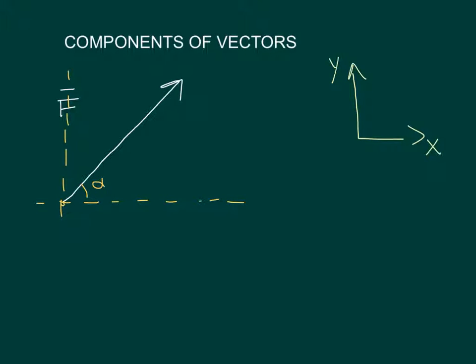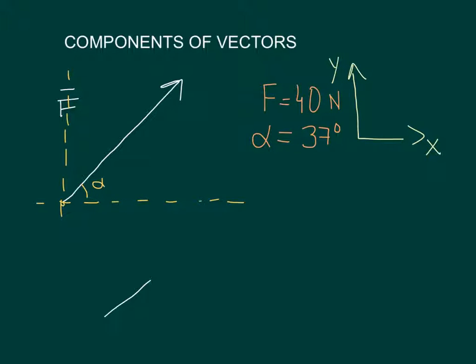So I say that force is, say, 40 newtons, and the angle alpha that is drawn in the picture is, just picking a random number, 37 degrees. So what is the effect of force in the x direction and in the y direction?